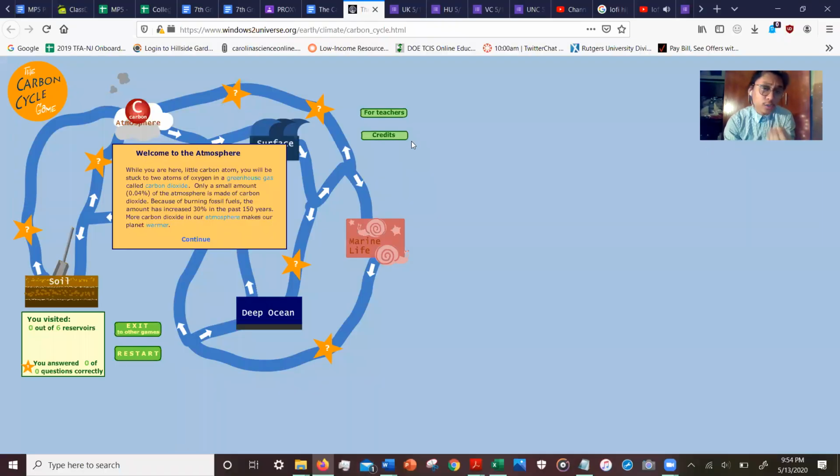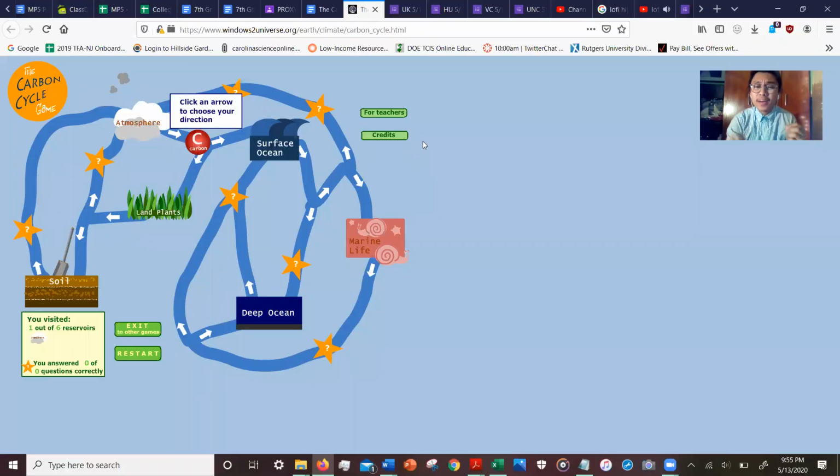This is a natural thing, but as the text says right here, it starts becoming unnatural because we've increased the amount of carbon dioxide in the air the past centuries, making the Earth warmer than it should be. Click continue. And you'll end up between two crossroads, one that leads to our biosphere on land and another one that leads to our hydrosphere and also biosphere in the water.